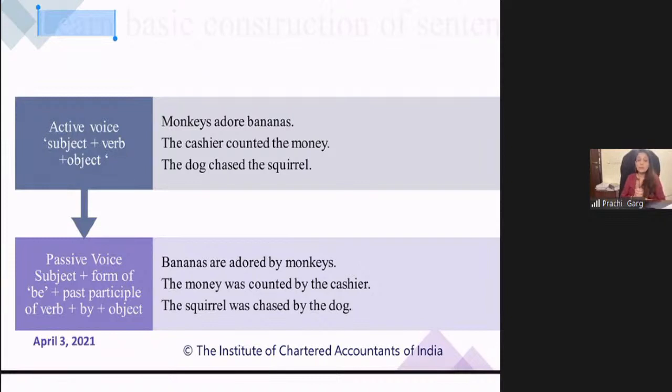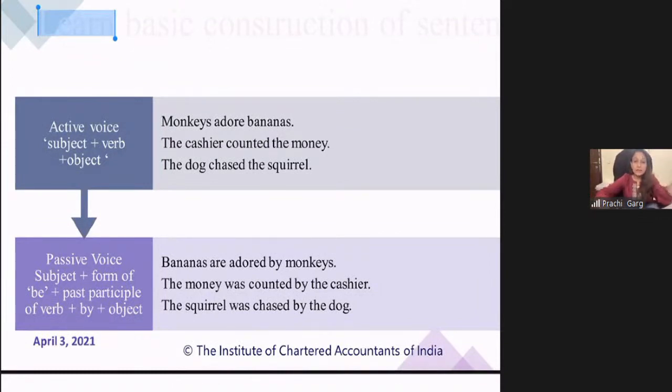The first sentence is in simple present tense, so we will use are. Then we will use the third form of the verb. Whenever we change any sentence from active to passive, the verb will change into the third form, adored. Then we use by, and then the doer of the action comes in the end, by monkeys.